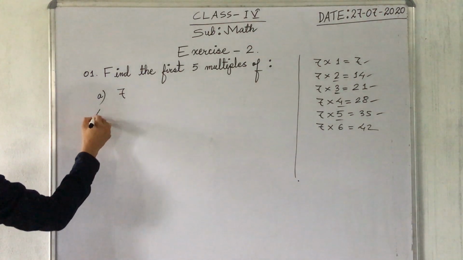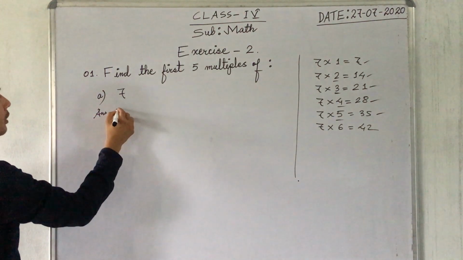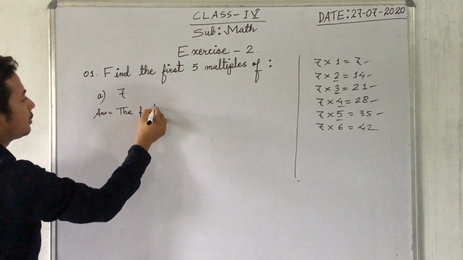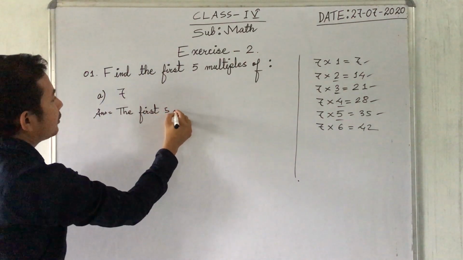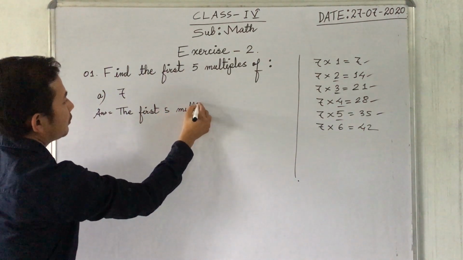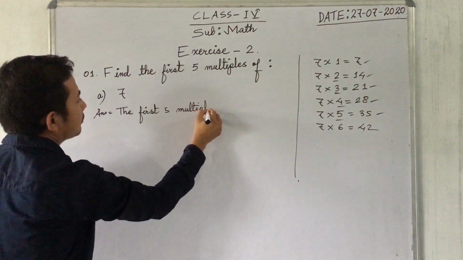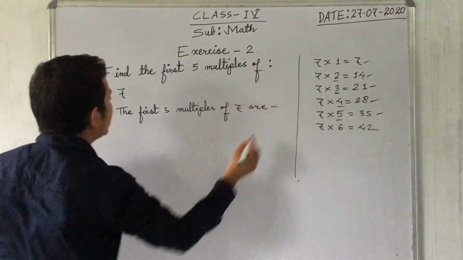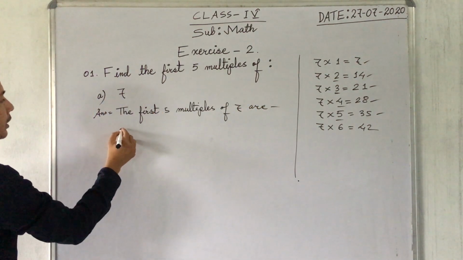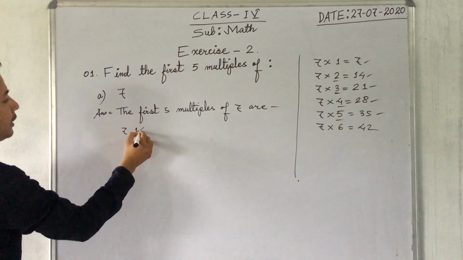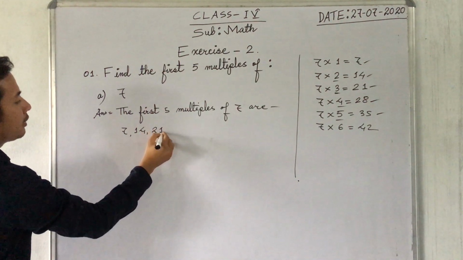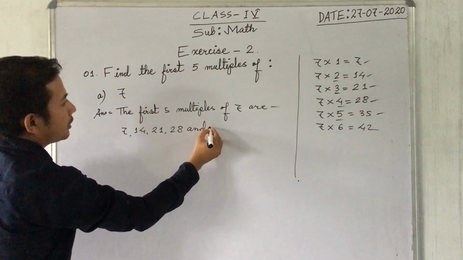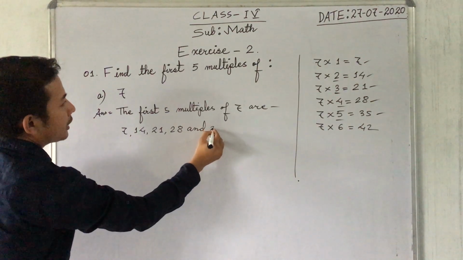So that's why we can write like this: the first 5 multiples of 7 are 7, 14, 21, 28 and 35.